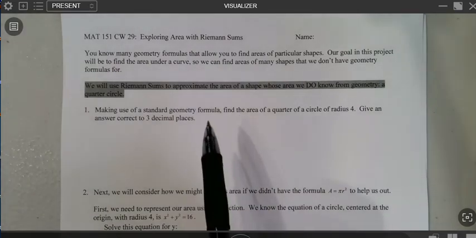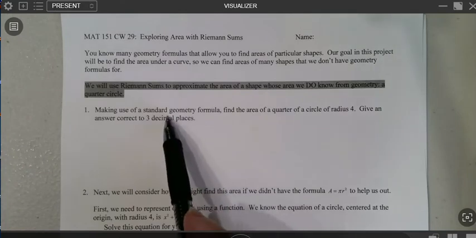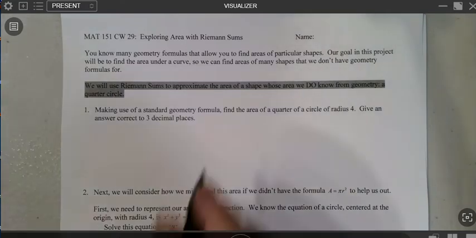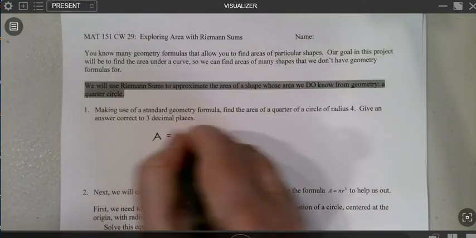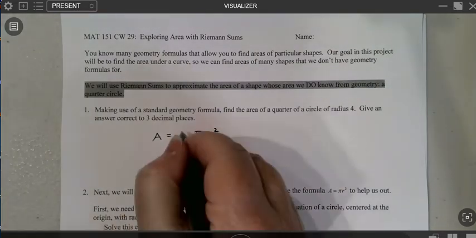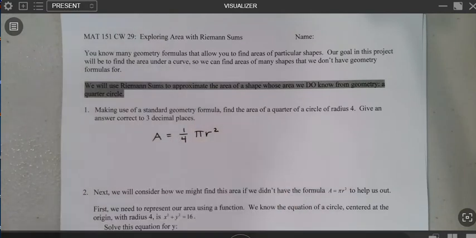So I would like to start by saying, just using a standard geometry formula, I want the area of a quarter of a circle of radius 4. Well, I know in general the area of a circle is pi r squared. And since I only want a fourth of that, I will multiply by 1/4 to get the area of the quarter circle.